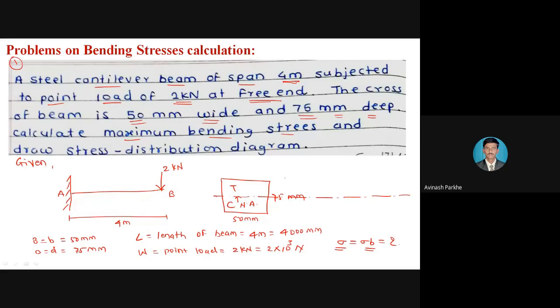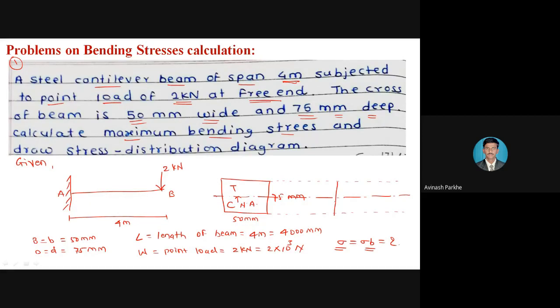Now we have to draw the stress distribution diagram. So how will it be drawn? We have to continue this rectangular section as it is, and consider its projections in front of that rectangular section, and draw the bending stress distribution diagram. First of all, draw one vertical line.